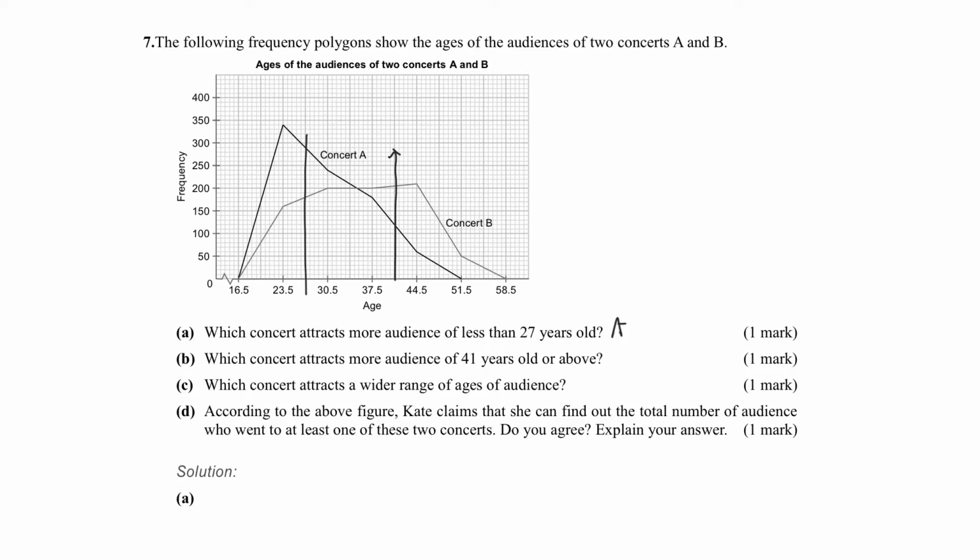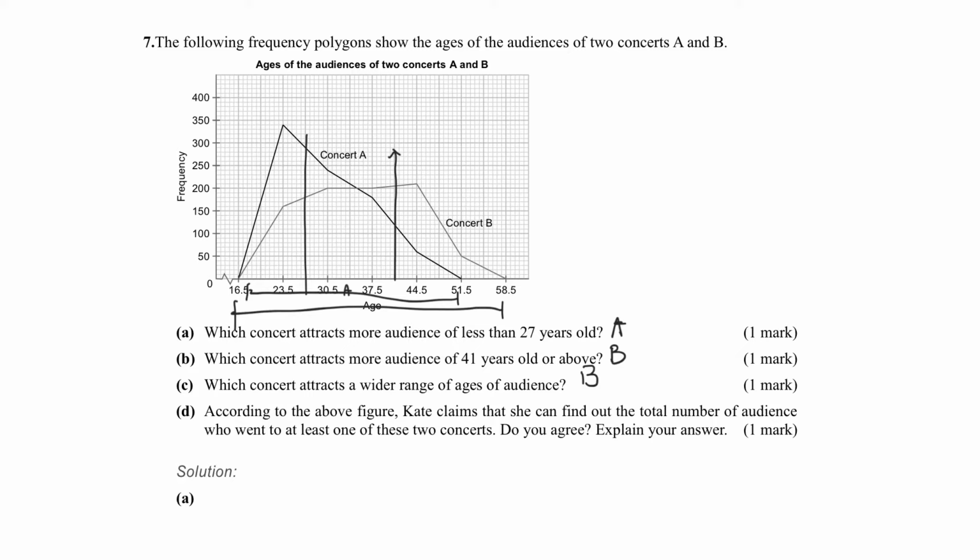Again, this time you can see it more. That will be B. And then a wide range of audience. You can see the range here, like this for B, this one for A. So B will obviously be the wider range.